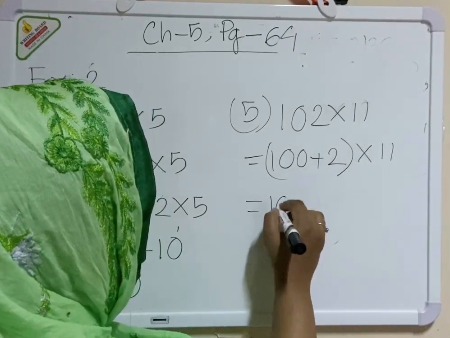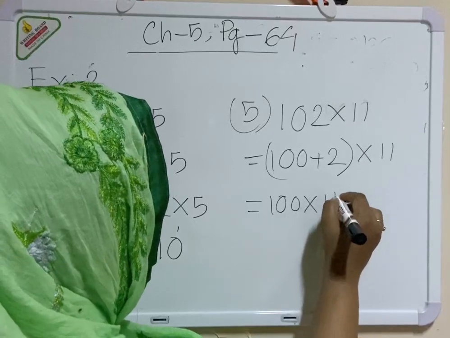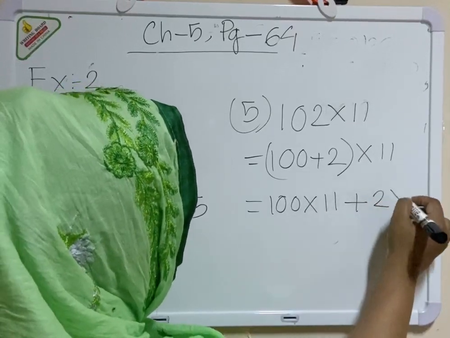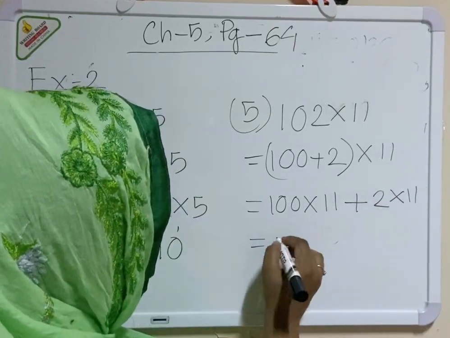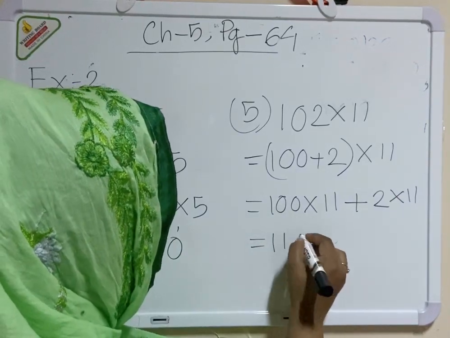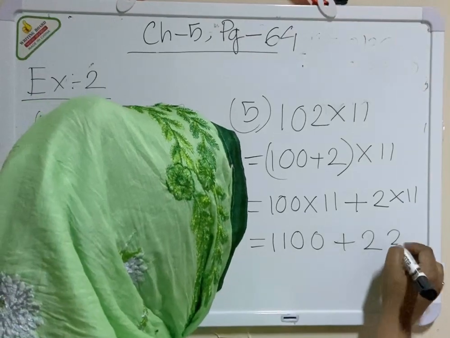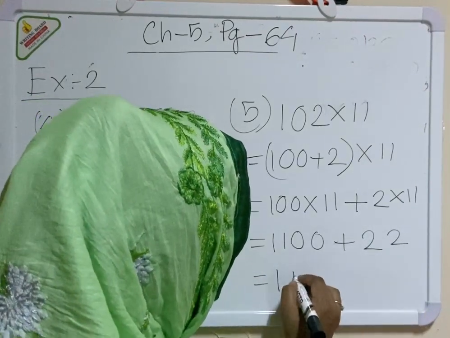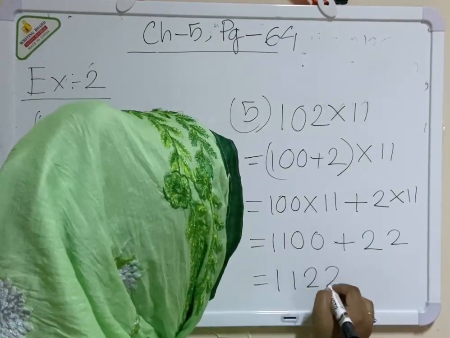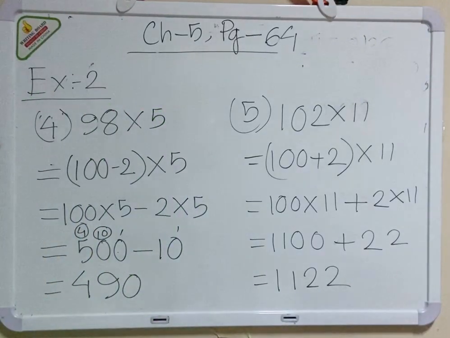Now I will write 100 into 11 plus 2 into 11. 100 11s are 1100, and 2 11s are 22. If you add this, you get 1122. If you follow the calculation method, you can easily solve big calculations without any calculator.